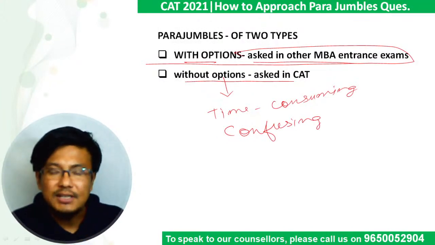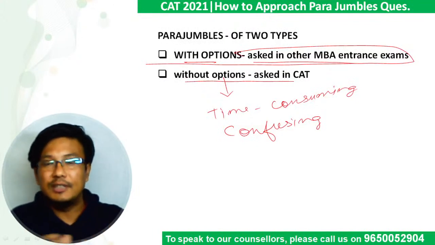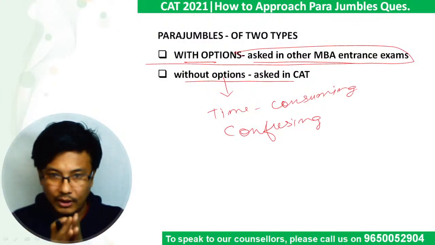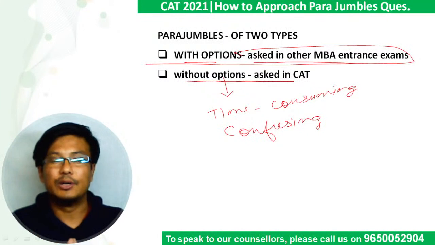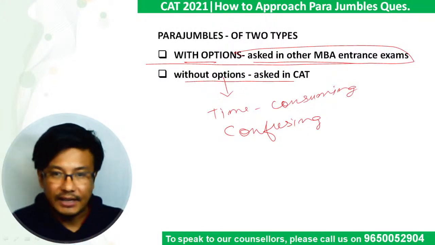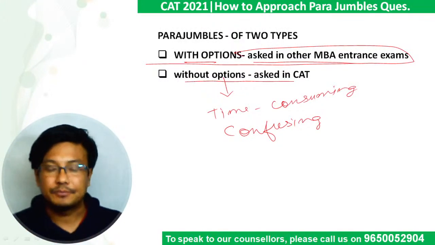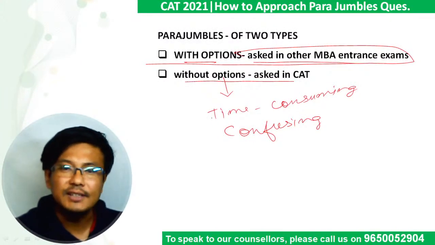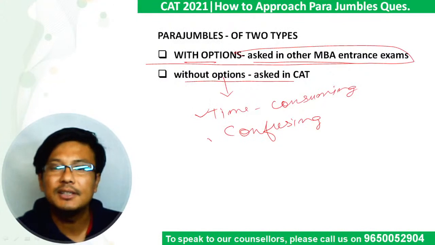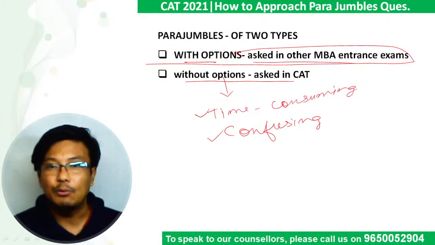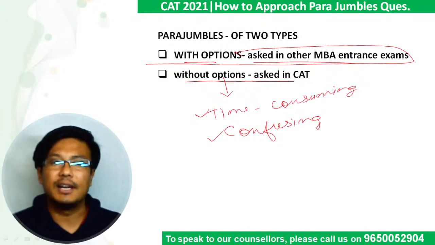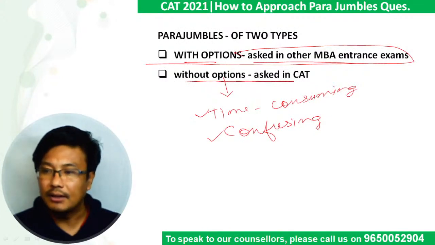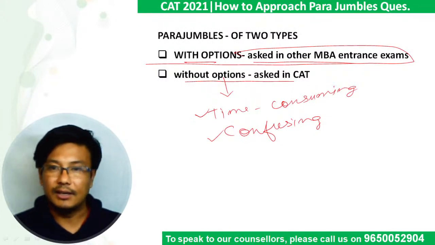If you have options, at least you will have some confidence about where you need to start from, and you will have some idea. But if there are no options, it makes it confusing. So two things: it makes it more time consuming, and it makes it more confusing. That's exactly why in CAT it is not negatively marked. So we'll have to take it that way.